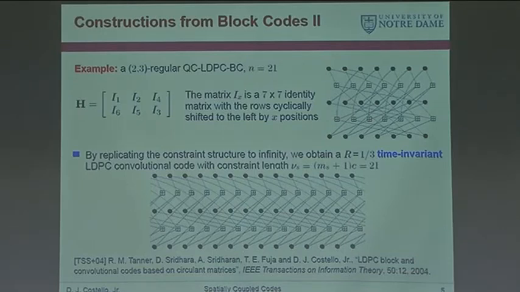The reason is we took the picture out of our original paper on this, and in producing the convolutional graph, we had reduced this H matrix to a simpler form. So the graph that we have here actually is from a reduced H matrix. And I think the constraint length here is actually smaller.